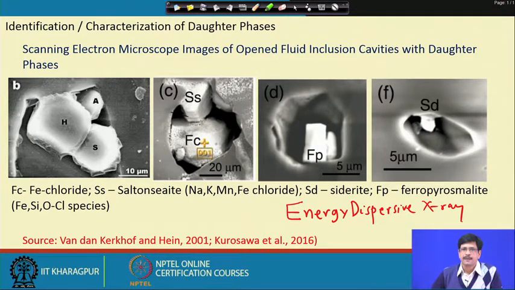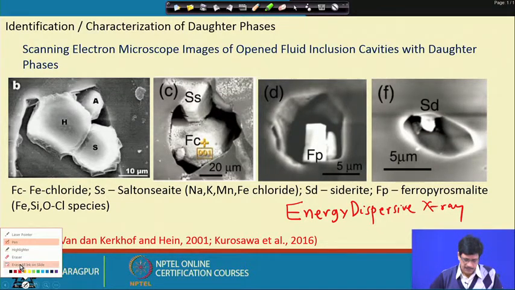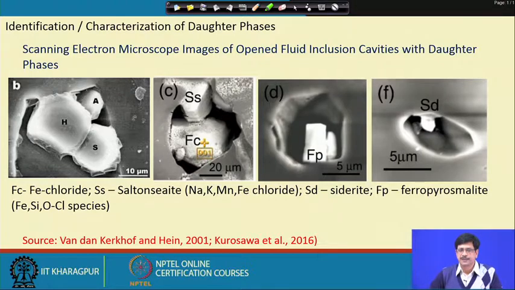That gives a qualitative idea about the composition of the solid phase, which makes it even easier to identify exactly what the mix is. It could be in terms of elements like sodium, potassium, calcium, iron or chlorine. These peaks will be obtained when we use an energy dispersive X-ray in a scanning electron microscope.